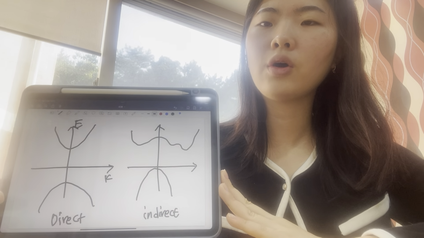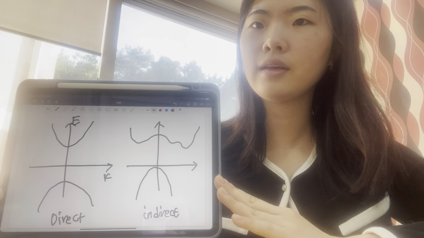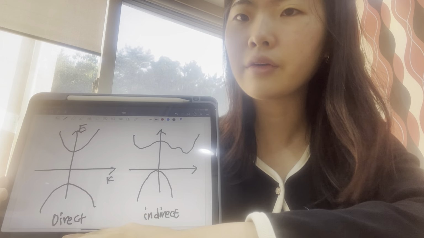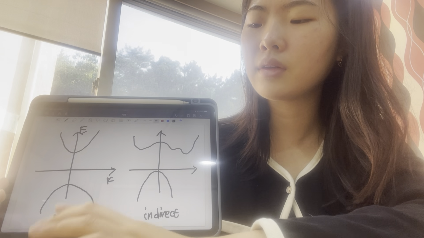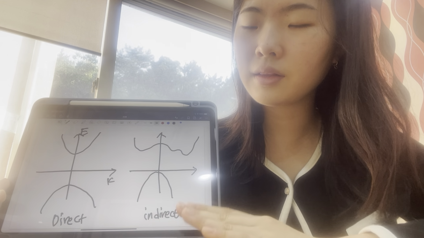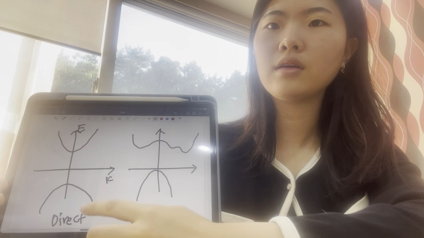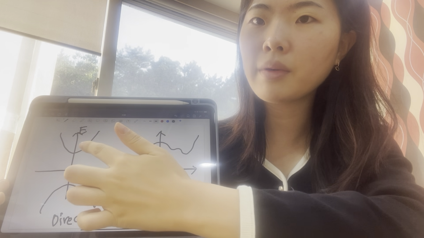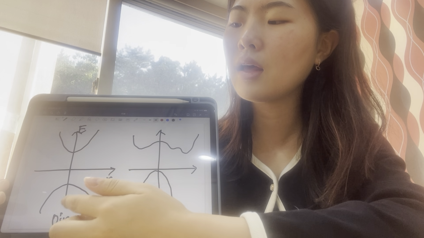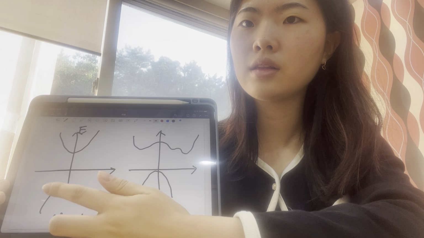So we can draw an energy band graph like this. This is a direct band gap and indirect band gap. In this case, the conduction band and valence band are aligned in a line.